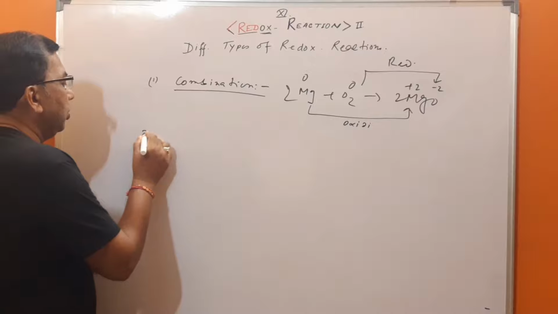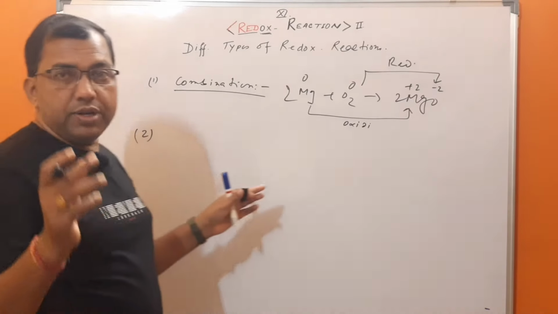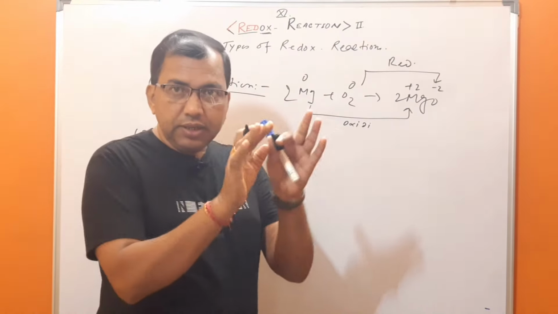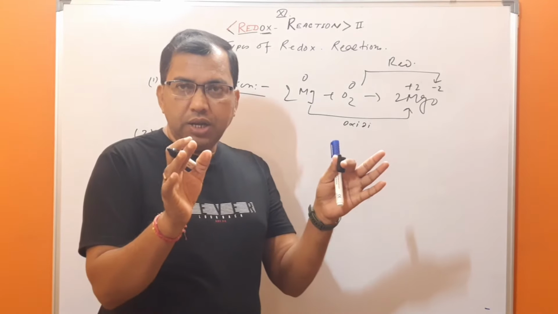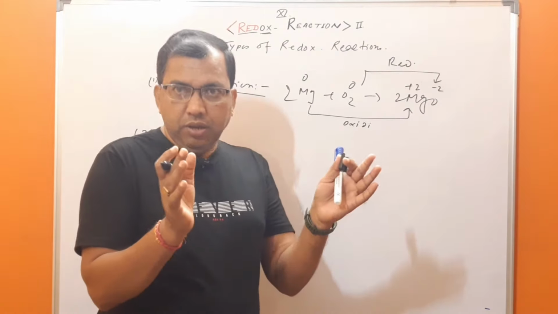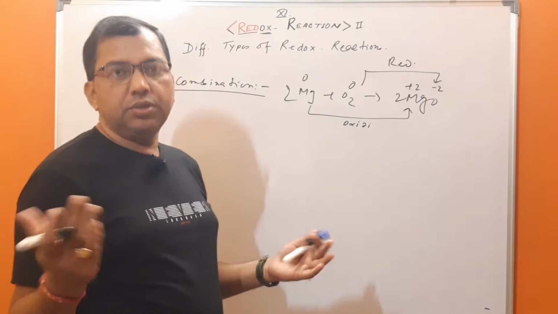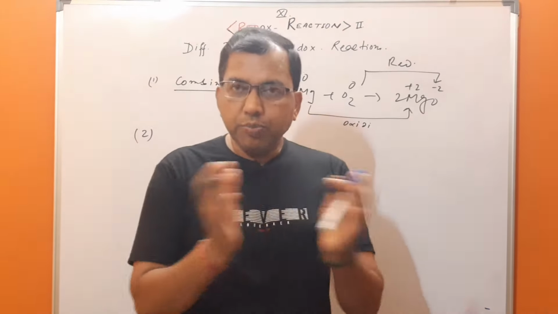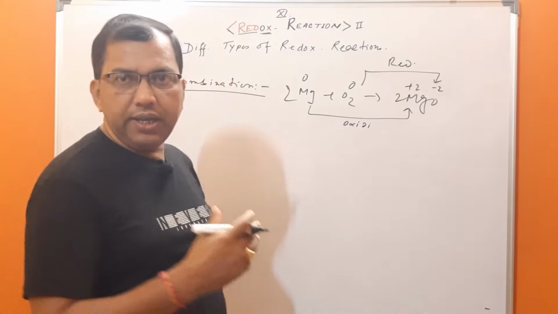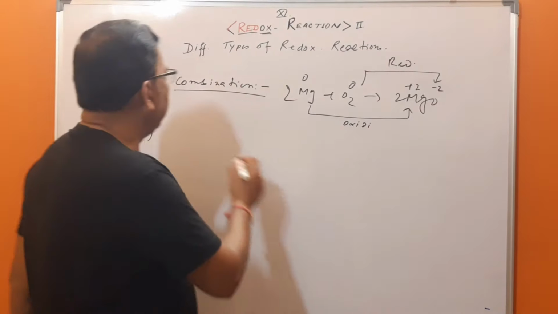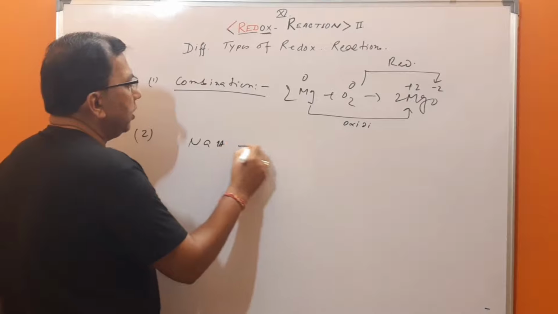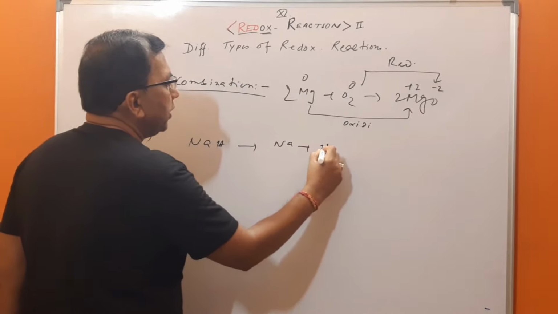Number two, the decomposition reaction. That is breaking down, such as NaH, calcium, potassium chloride, or anything decomposing in different ways. NaH gives Na plus H2, that is 2NaH gives 2Na plus H2.